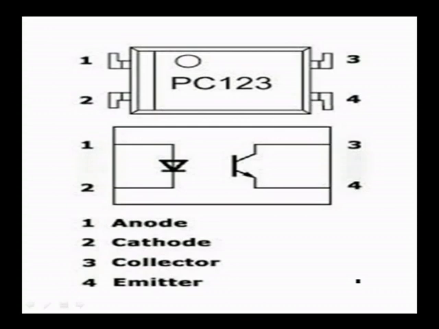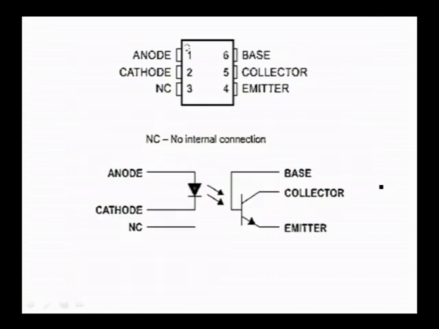For a particular optocoupler, you can see the pin configuration: 1 anode, 2 cathode, 3 and 4 collector and emitter, one variation there. Another variation is a 6 terminal one: anode, cathode, NC, base, collector, emitter. Whenever a control signal is fed to the LED, it emits.